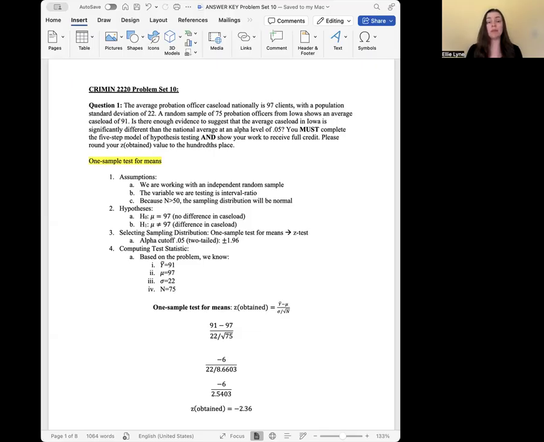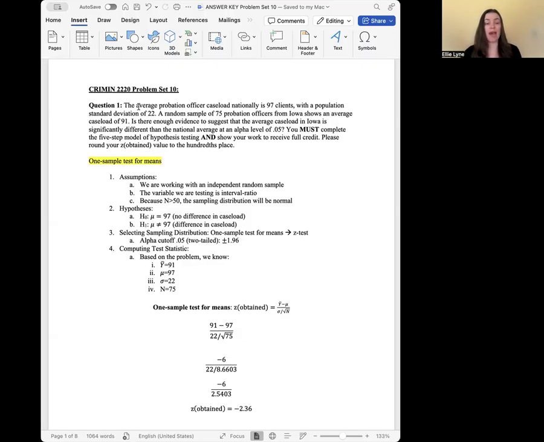Okay, so as I mentioned, the first decision we have to make is what type of test we are conducting. As you see, I have highlighted in yellow, so we're not really hiding it, that we are conducting a one sample test for means. But let's go back to the problem itself and the language used within it to figure out how we know that's the test we are going to be conducting.